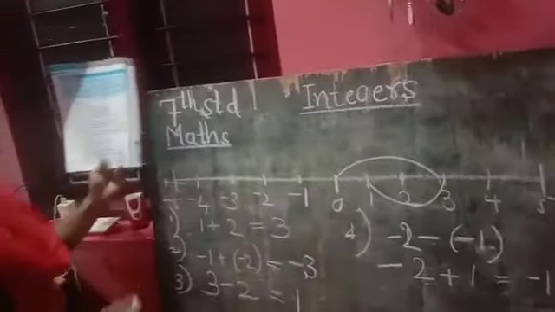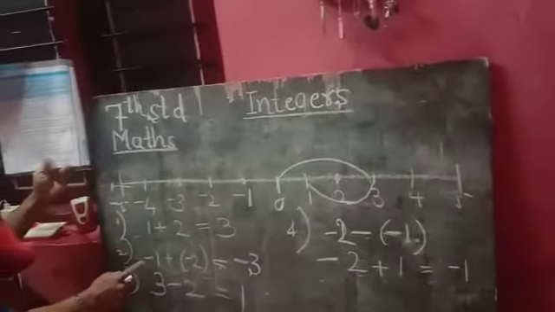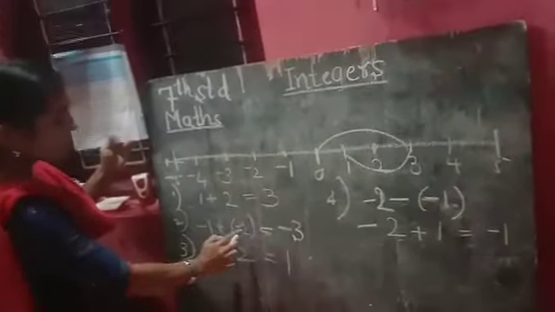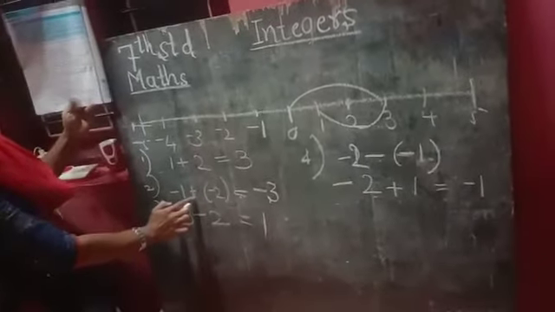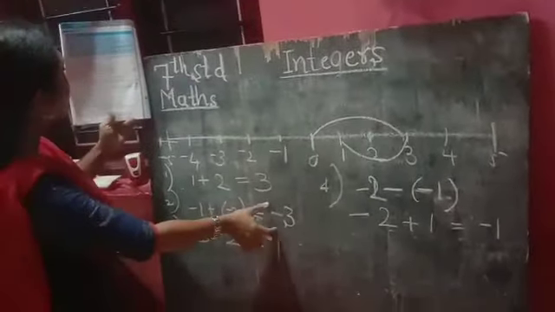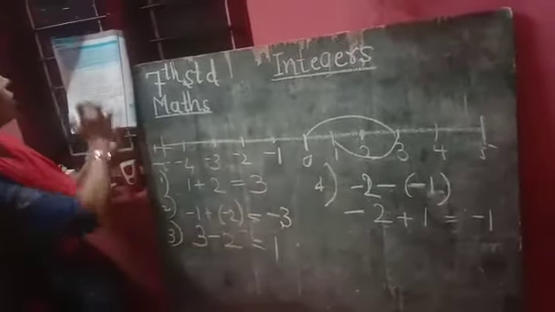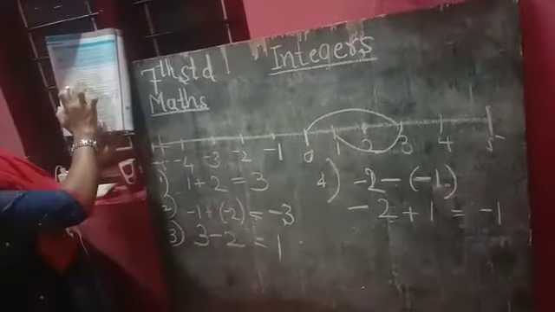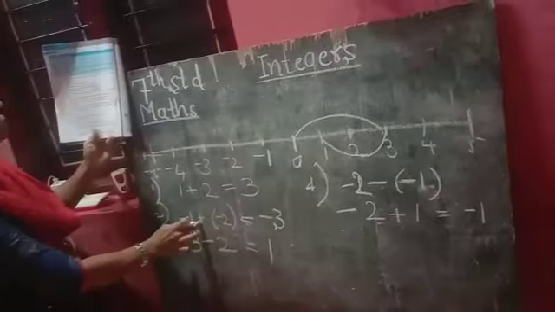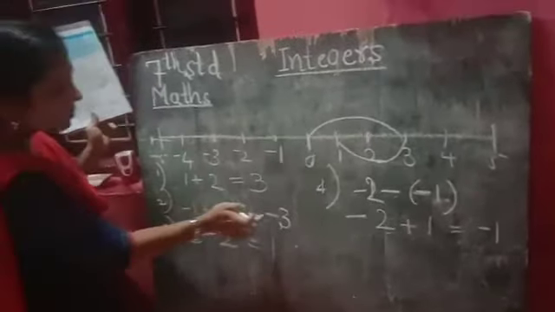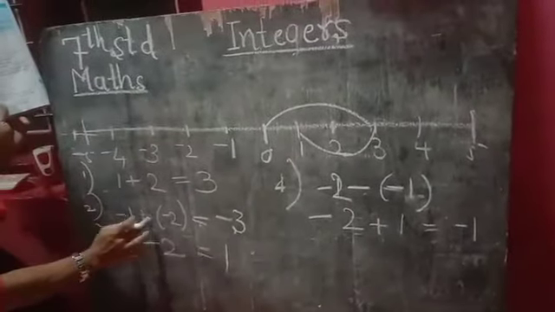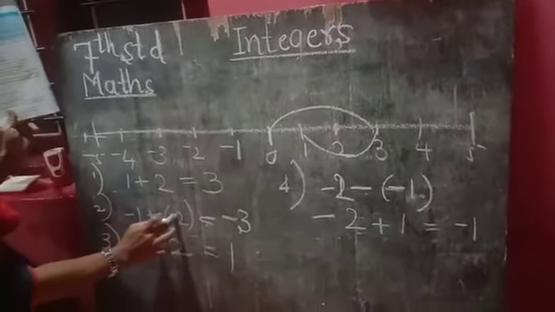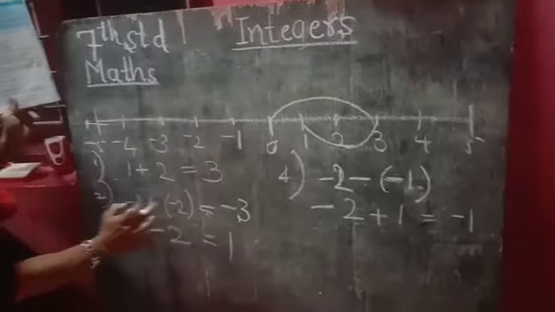Second statement is add a negative integer. So here both minus 1 and minus 2 are negative integers, and I am adding these negative integers. I am getting the answer minus 3 here. So when on a number line we add negative integers, we move to the left. Answer is minus 3. So minus 1 plus minus 2: plus and minus is minus, so here minus and minus once again becomes plus.